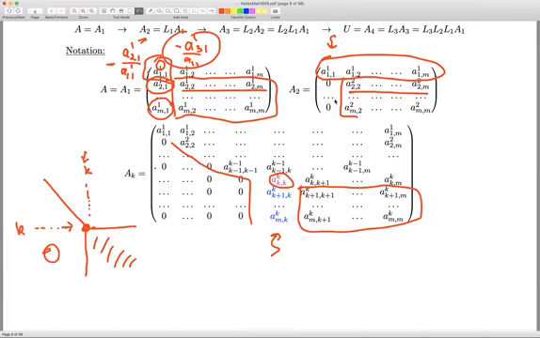Now we basically repeat this operation. We forget about this part of the matrix, and we concentrate only on this submatrix. If we do operations between the rows from the second to the nth, these operations will not affect the first terms of this row because they're all 0.